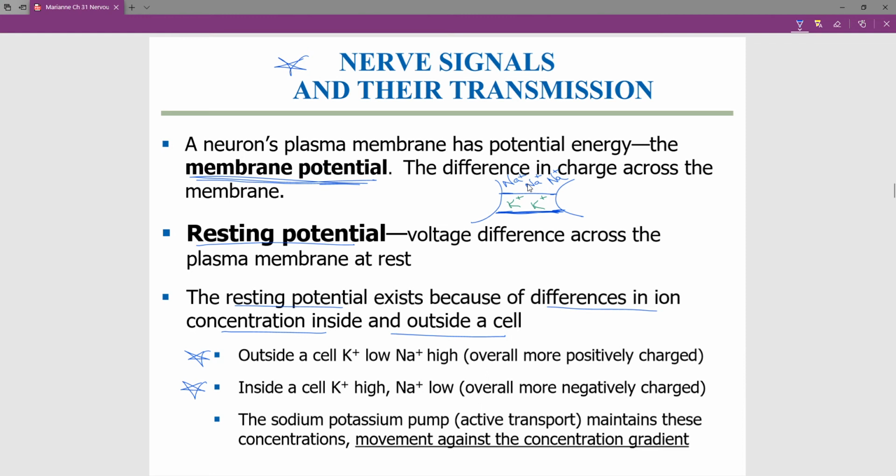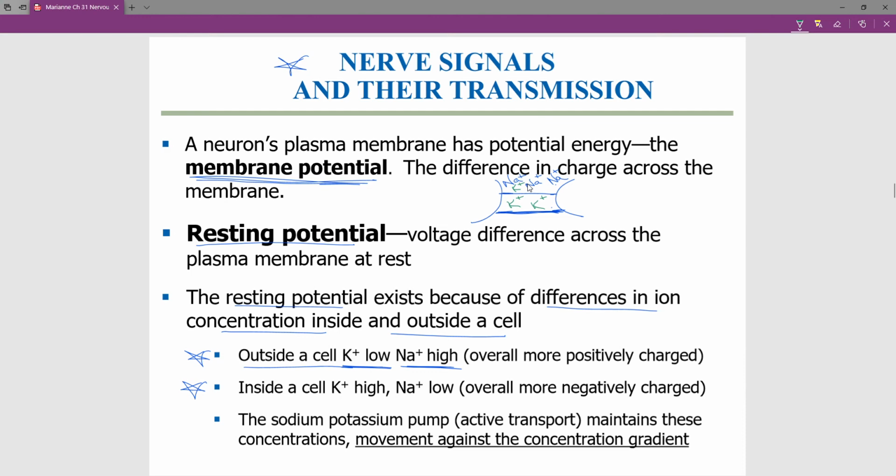We're talking about the potential difference, or the difference in charge, of a resting neuron from outside and inside the cell when we compare this. Outside the cell, we have a low amount of potassium ions and a high amount of sodium ions. There are still potassium ions outside the cell, but not as many as inside the cell.